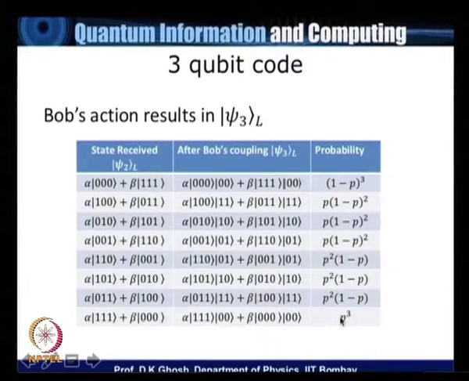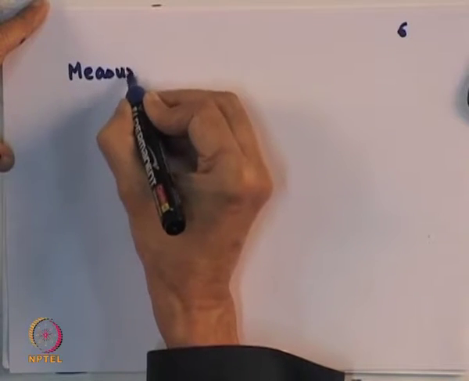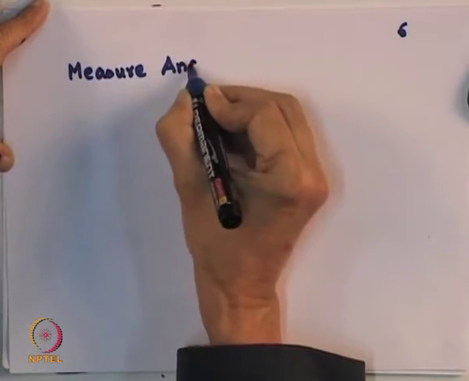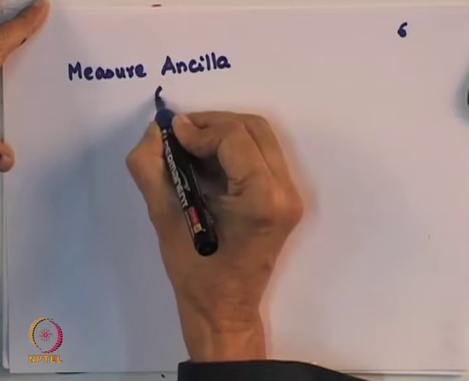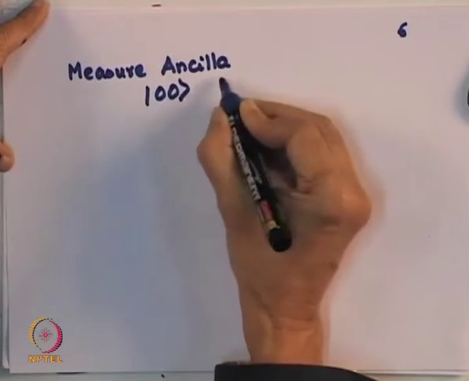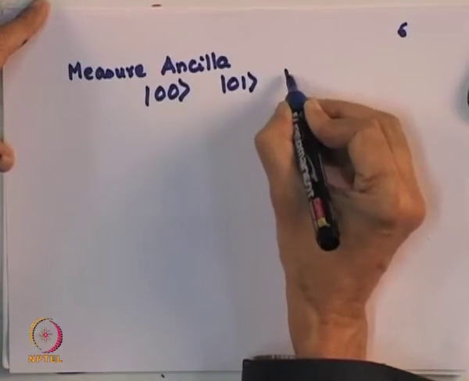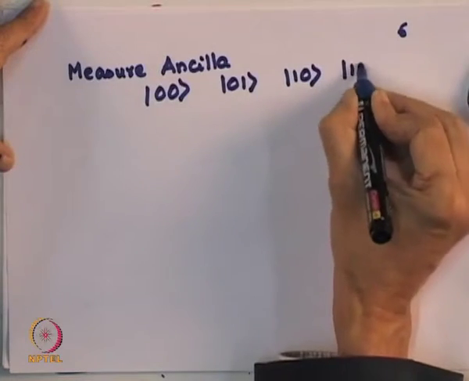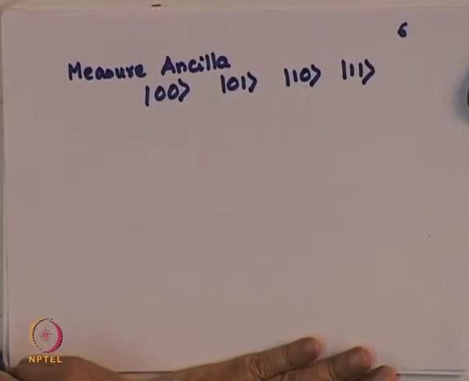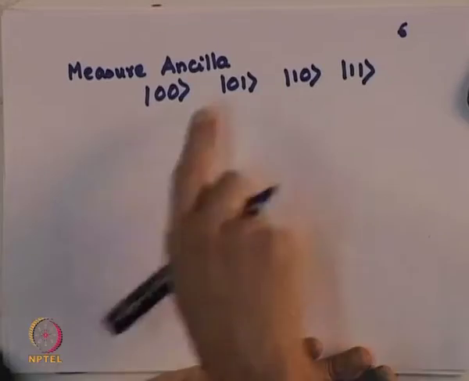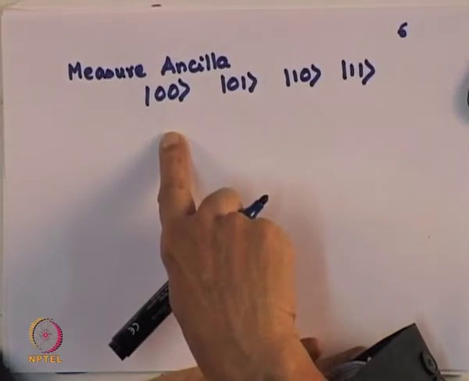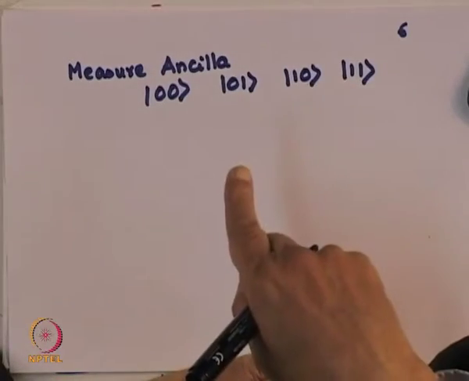But at this stage, if I measure the ancilla bits, I am likely to get either 00 or 01 or 10 or 11. Each of these comes in two terms.